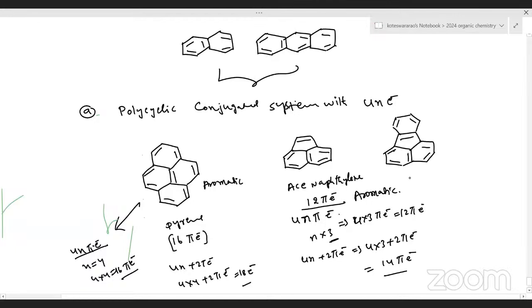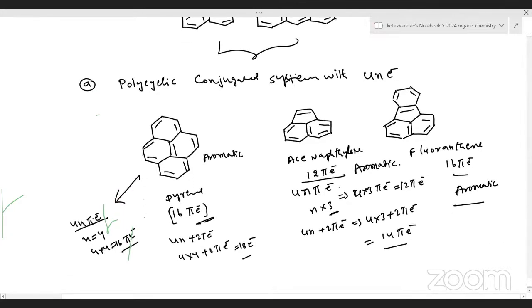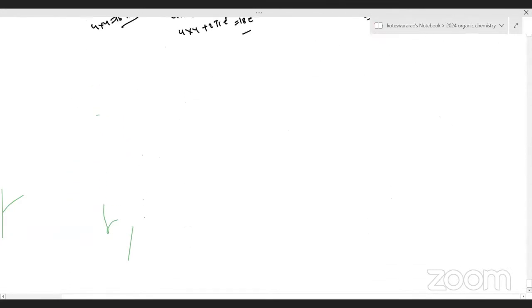This is called fluoranthene. It has 16 pi electrons. If it followed Huckel's rule, it should have 18 electrons, but it does not. However, it is aromatic.